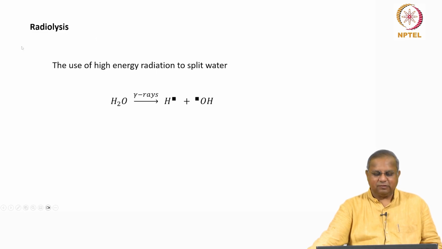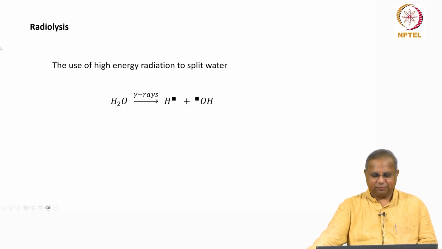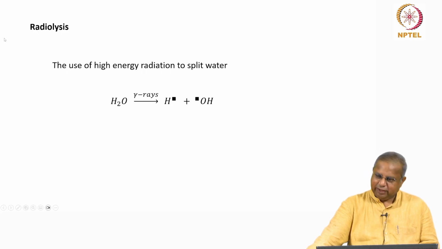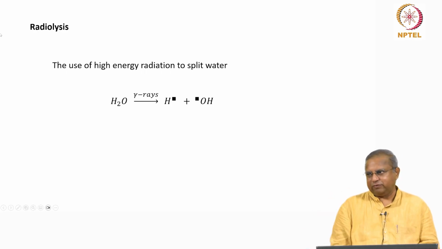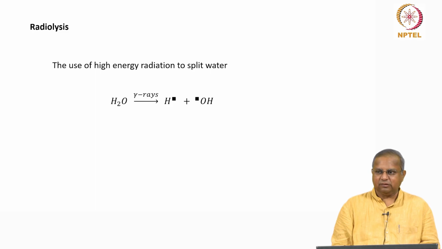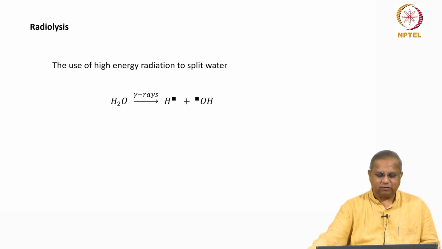This is what happens if you irradiate water with gamma rays of appropriate energy: it splits into hydrogen radicals and hydroxyl radicals, H dot and OH dot. Again, this is due to equal breakage of the bond. This is due to radiation, and therefore you call it radiolysis. Earlier one was due to light, and therefore you call it photolysis.